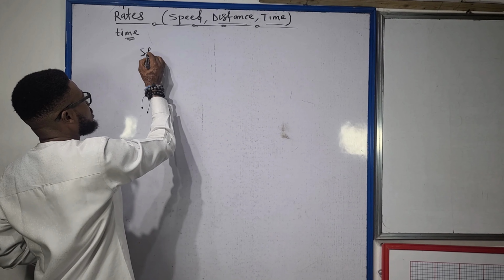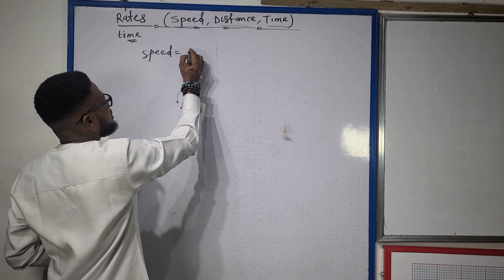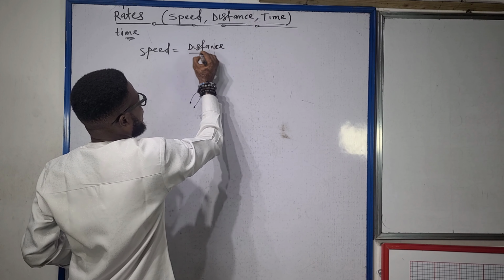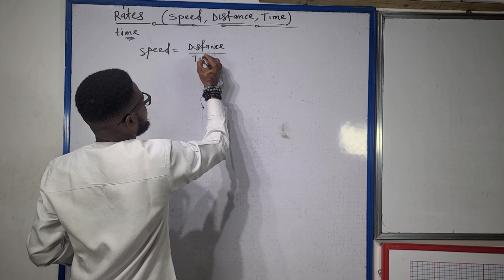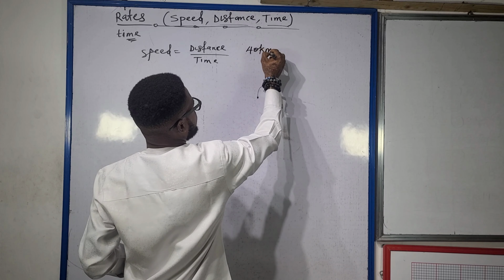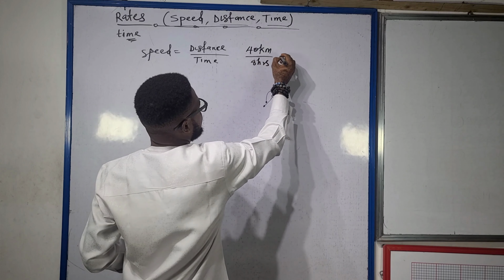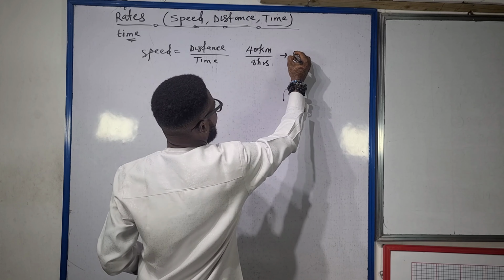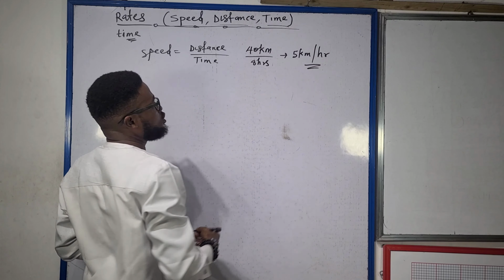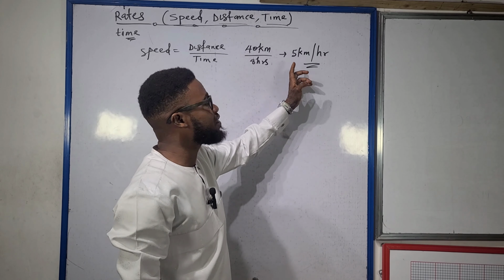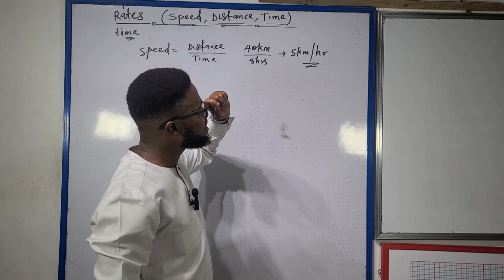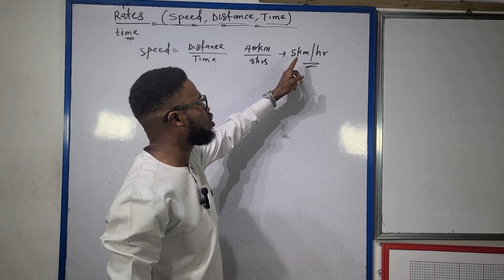Recall that speed is the distance covered per unit time. In other words, imagine a body had moved 40 kilometers in 8 hours, then I would say my speed is 5 kilometers per hour. To say 5 kilometers per hour here means it takes 1 hour to cover 5 kilometers.